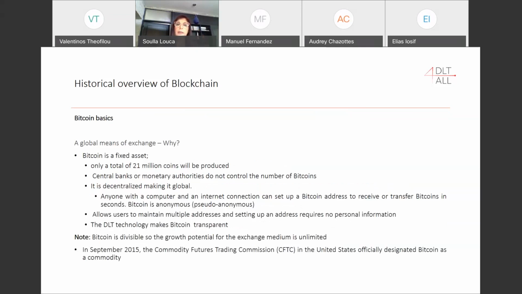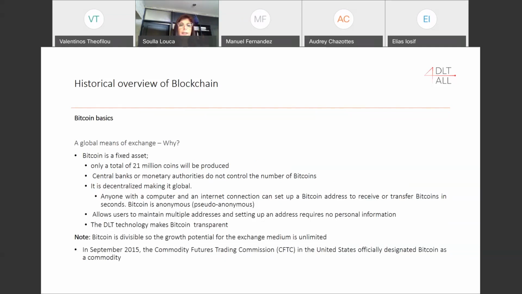Why is it a global means of exchange? Bitcoin is a fixed asset. Only a total of 21 million coins will be produced. Central banks or monetary authorities do not control the number of Bitcoins that are being issued.